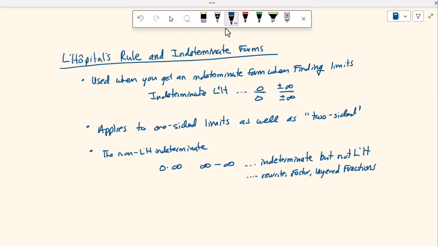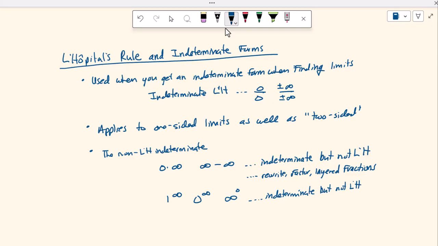Now there's another type of indeterminate form, and these are indeterminate powers. So these would be things like 1 to the infinity, 0 to the infinity, or infinity to 0. These are also indeterminate, but not L'Hopital's. Now what do I do with these?